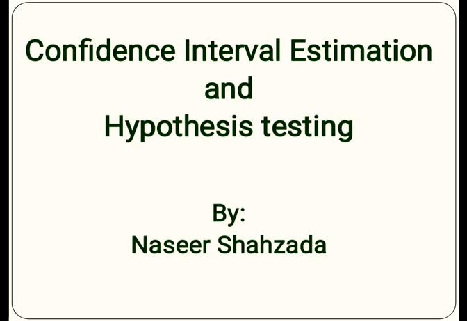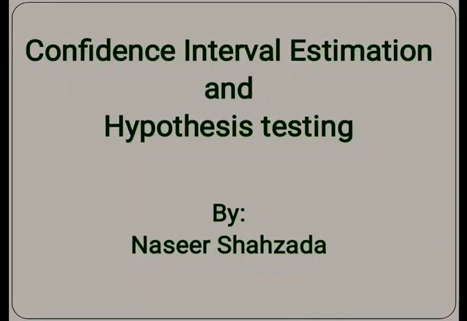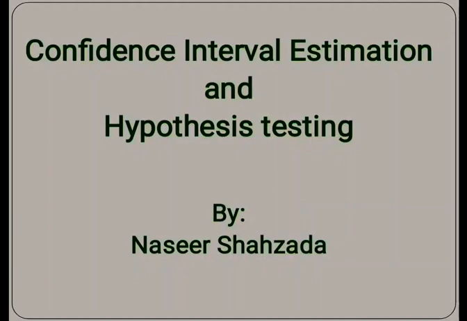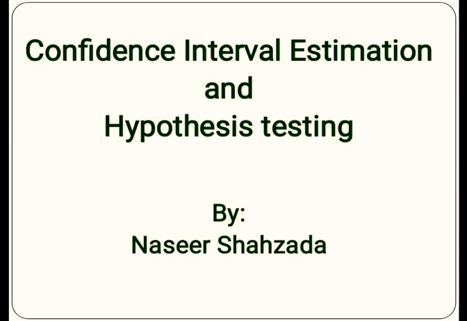The interval states that our population parameter will lie in this range. It will not be a fixed value, but the population parameter will be defined through a range, and that is a rational approach towards estimating the population parameter.